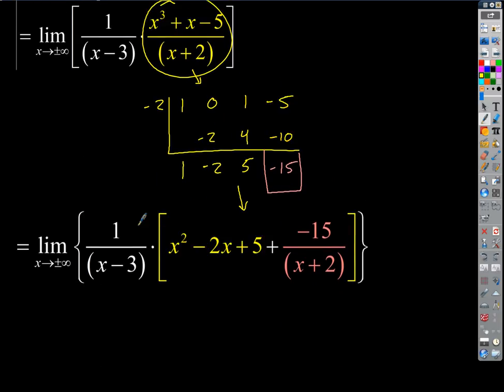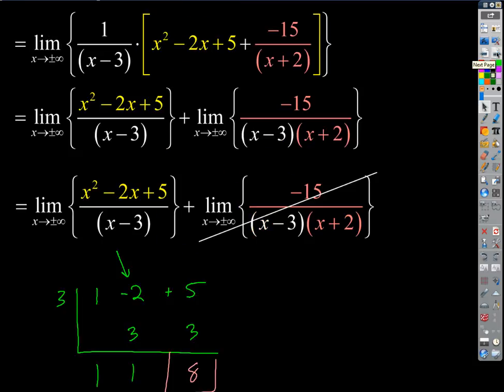Out in front, I've still got this 1 over x minus 3. If I distribute the 1 over x minus 3 through, I'm going to get the yellow polynomial part divided by x minus 3 plus this red part over here times 1 over x minus 3.